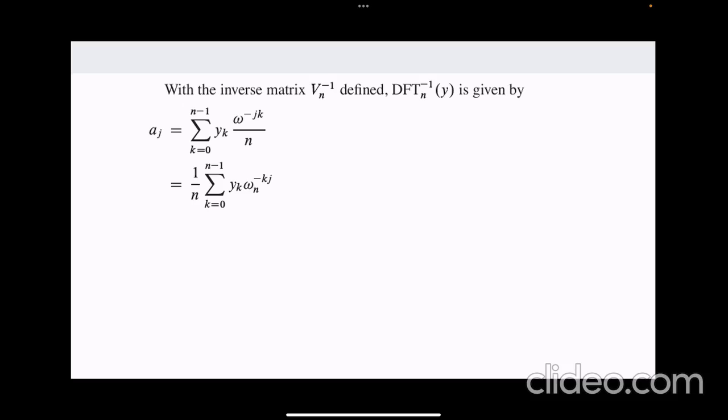And with the inverse Vandermonde matrix, we can define the inverse discrete Fourier transform, which is given by A inverse is equal to summation of y times this. It's basically a simple mathematical step, and it's nothing really fancy. It is again calculated in theta of n time.